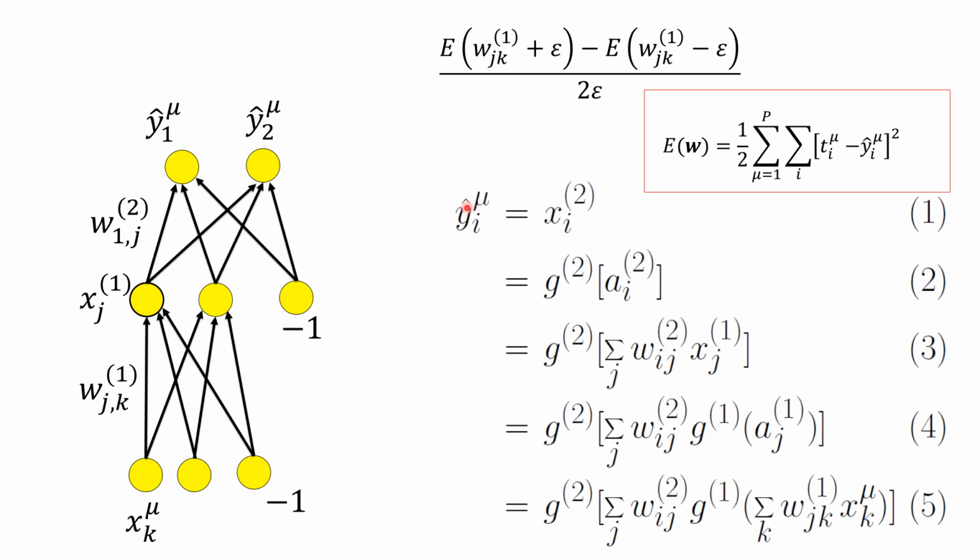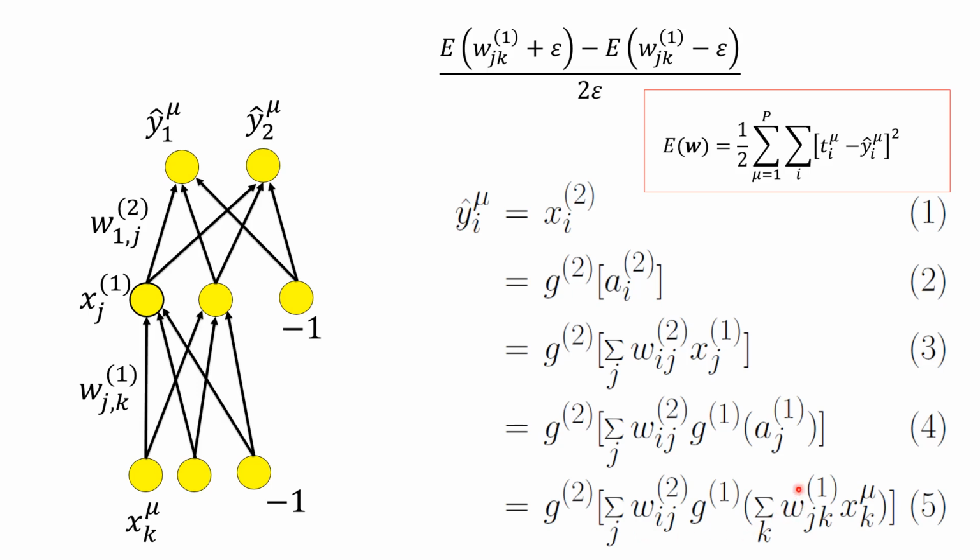The question is now, how expensive is this evaluation? Well, to evaluate this, we need to do the forward pass. We need to apply the pattern here. We need to evaluate the values here. We need to forward propagate further in order to get the output. So what you see is that the output has a sum over all the weights in the second layer, over all the weights in the first layer.